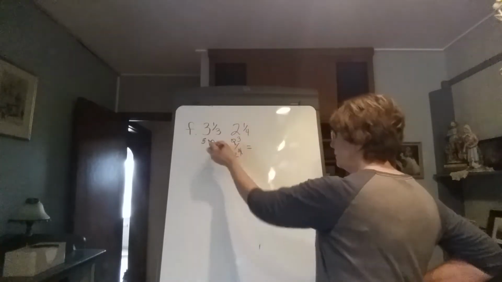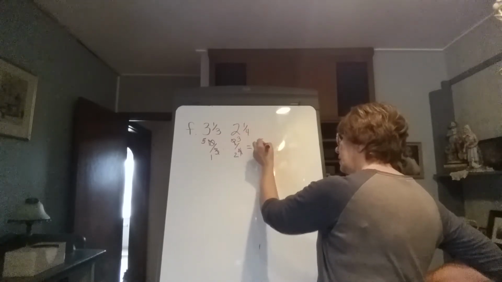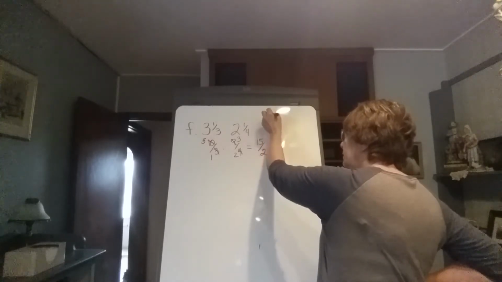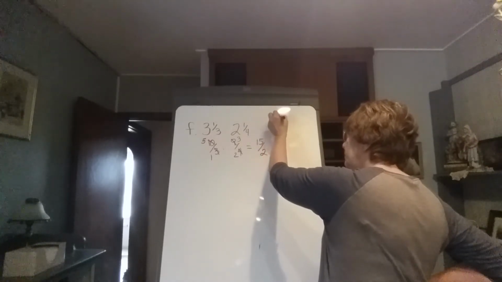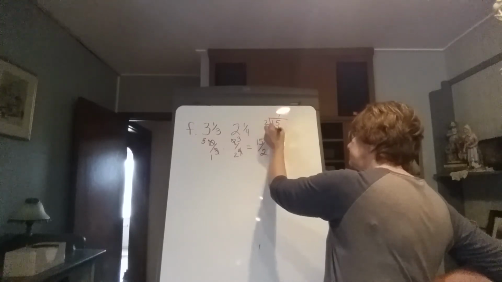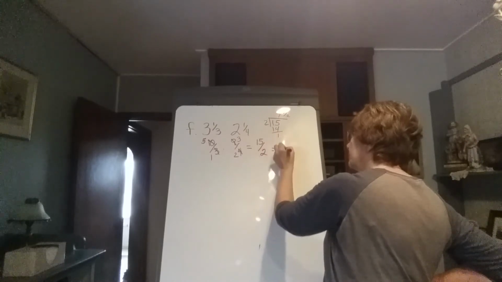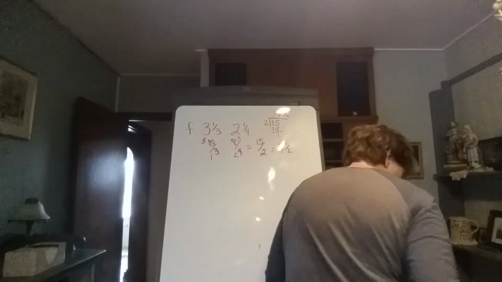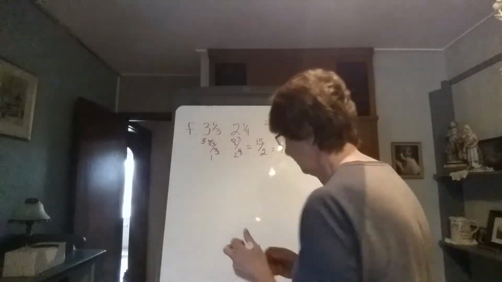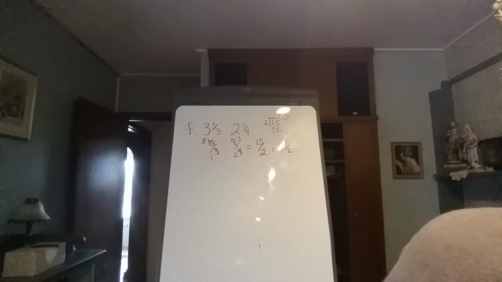We multiply. 5 times 3 is 15, and 1 times 2 is 2. So how many times does 2 go into 15? 7. Is that what you got? If you did it correct. Okay, good.